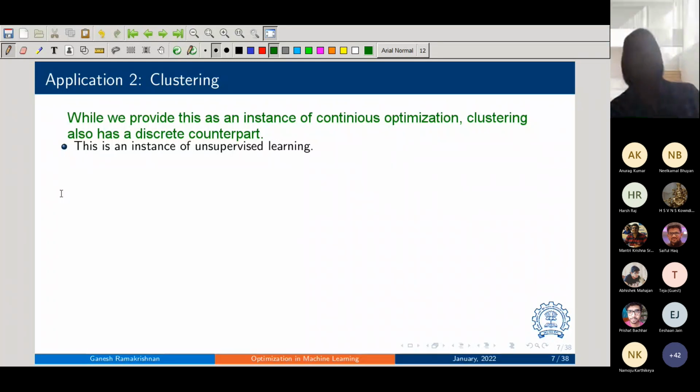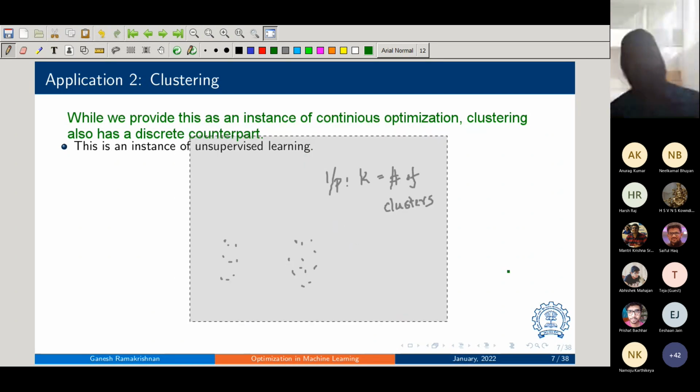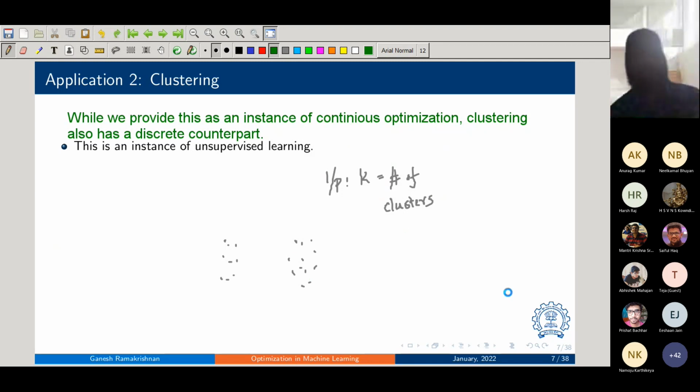This is an example of unsupervised learning, right? So imagine that you are given these points in gray with no colors, and you're given k, which is the number of clusters. How do you cluster them together? How do you identify these groups? That's a problem of interest.